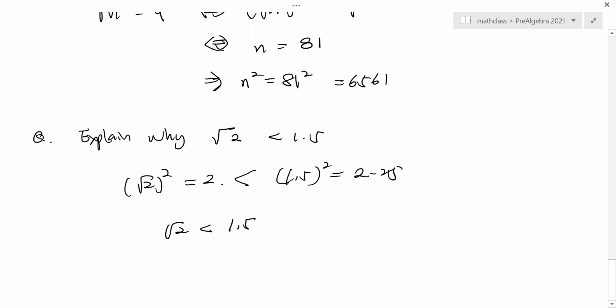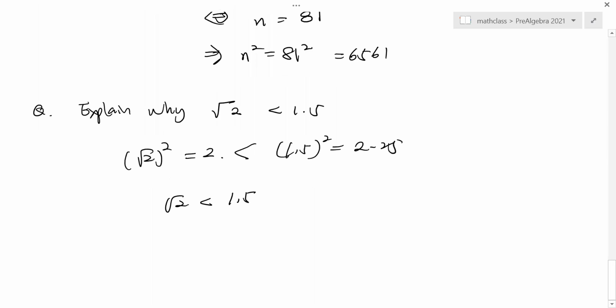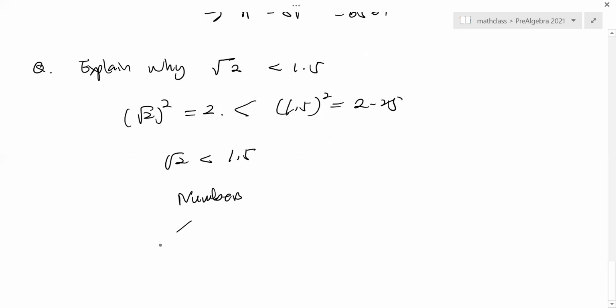So when you compare two numbers, even if the number on the right-hand side is not a square root, you just square both sides and compare. Without the square root, it's easy to understand. In mathematics, when we say numbers, it's not necessarily integers. Numbers are two groups: rational numbers and irrational numbers.